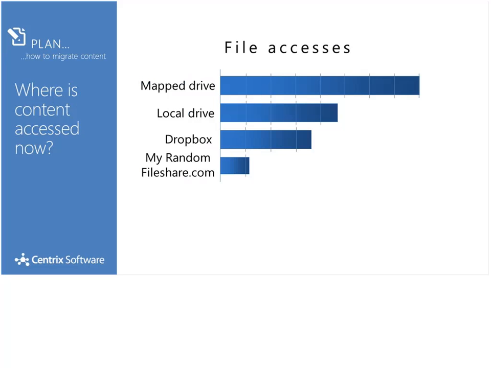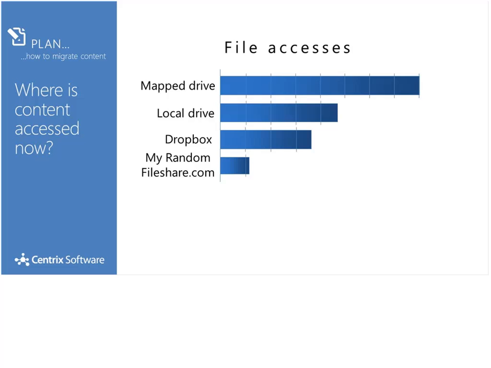But what 365 IQ does is look at the applications which are running, tie that back to the user, and also look at all of the content that they're accessing through those applications and all of the different locations that they're accessing it from.